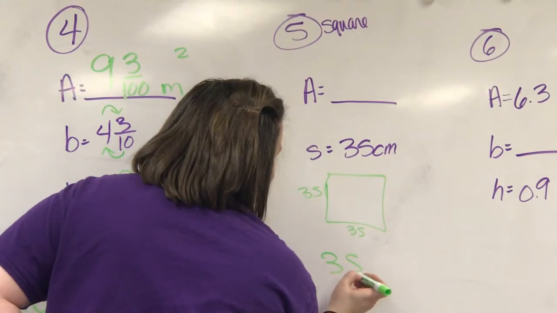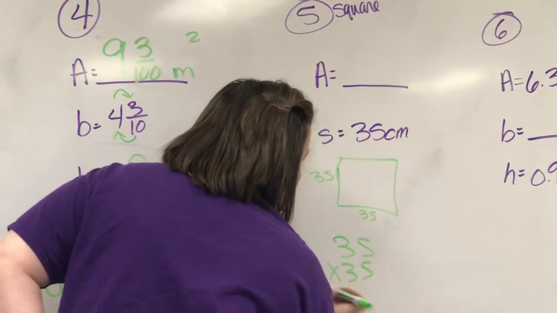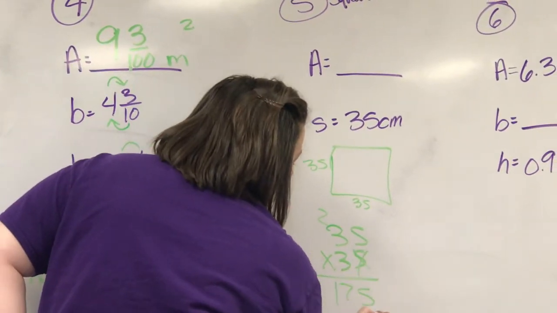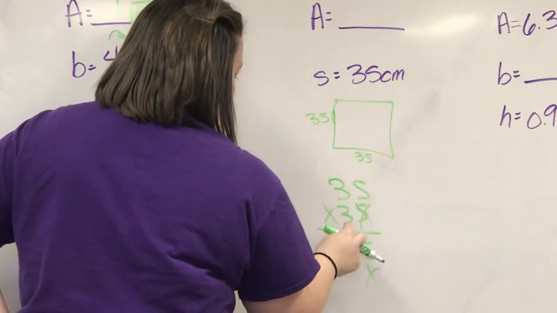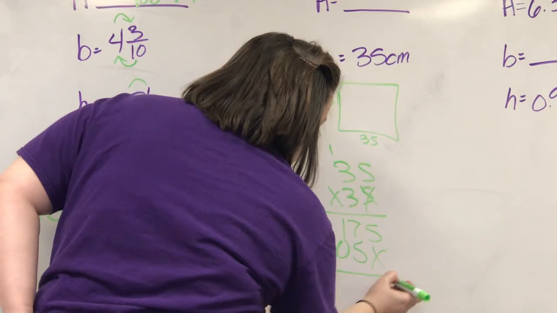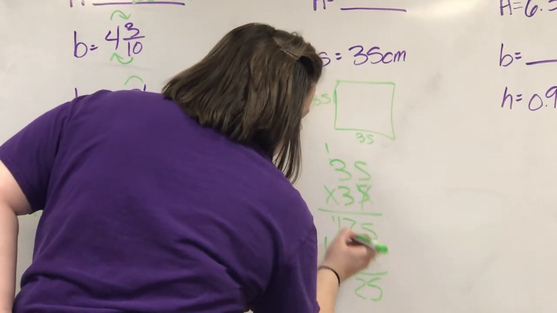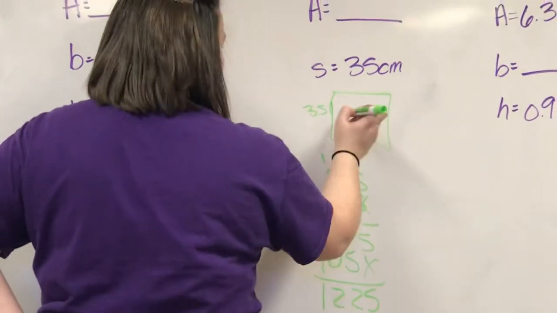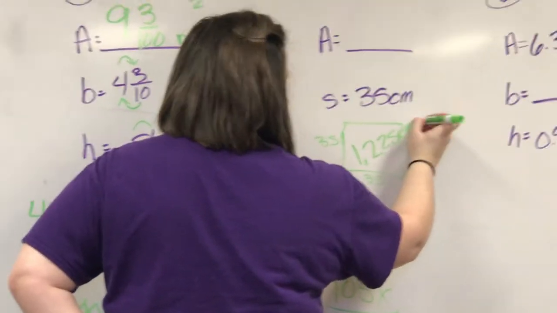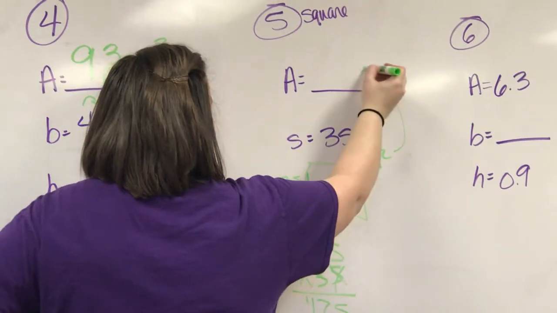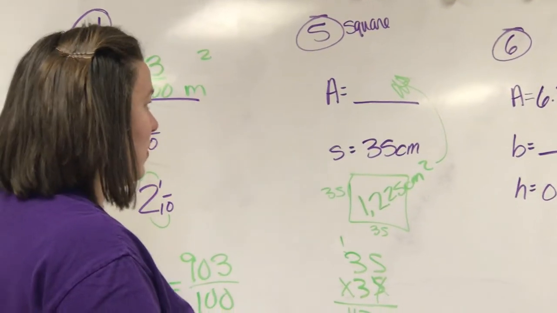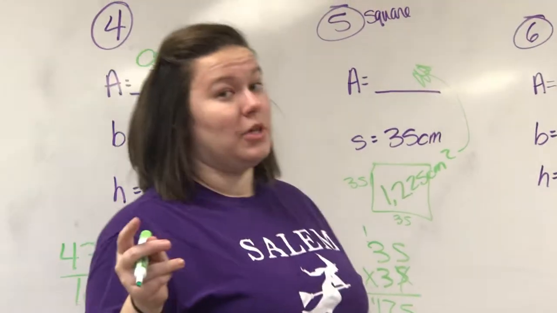You multiply 35 times 35. 1,225 centimeters squared. And put that in the answer right here. Okay? Just multiply.